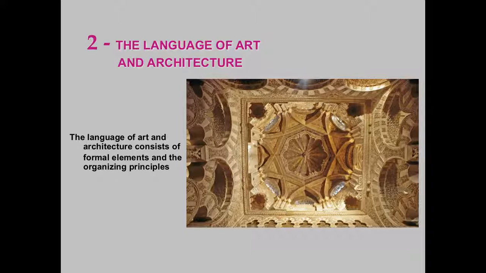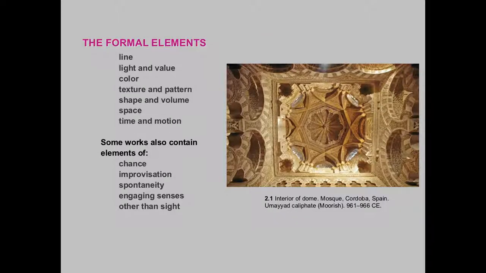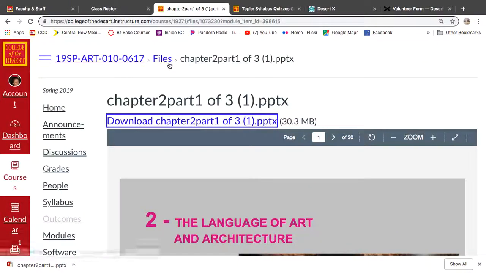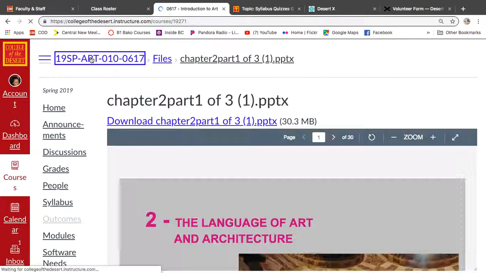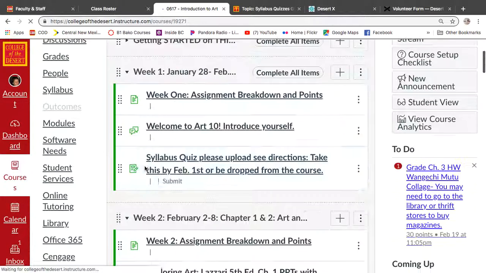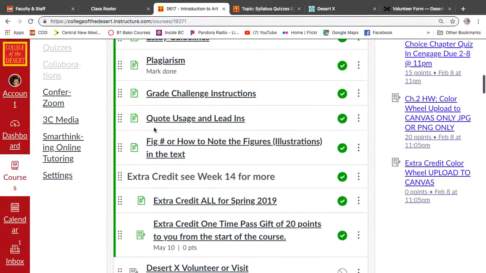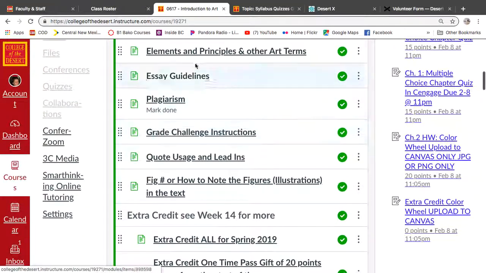You're going to get the elements and the principles from chapter 2, and you're going to write on this moving forward. If you don't know these terms, they're also listed. Actually, I'll pull out of here for a second. Your elements and principles are also listed under the Getting Started section of this course, right here.